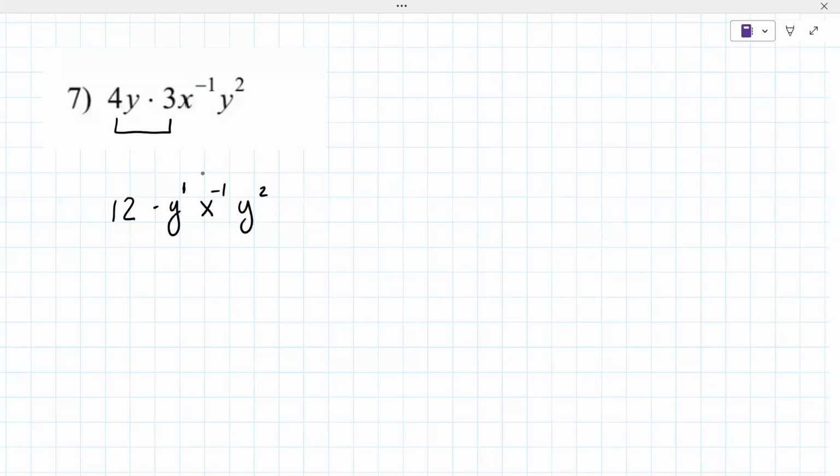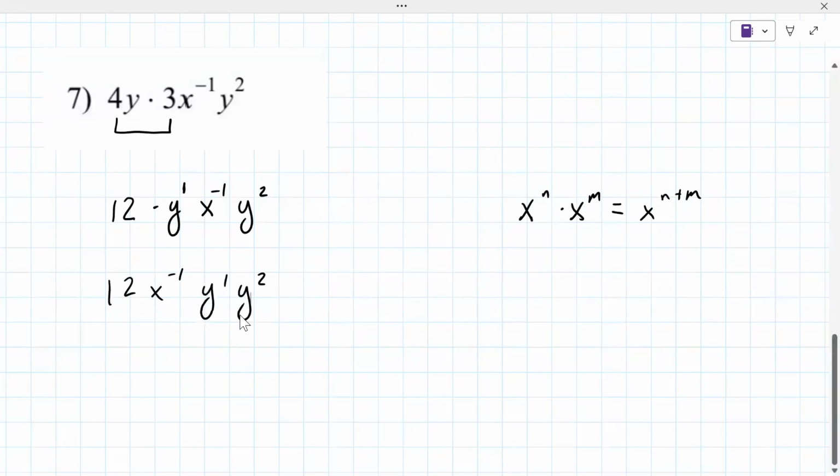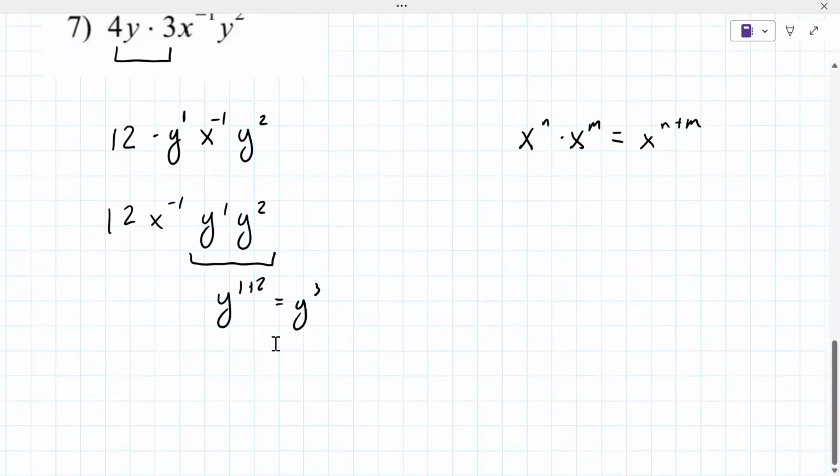So the next property is that when the bases are the same and you're multiplying, you add the exponents. So I'm just going to rewrite this here. The y's are the same. That's the bases. You add the exponents. So this part right here becomes y to the 1 plus 2, or y to the power of 3. Does that make sense?